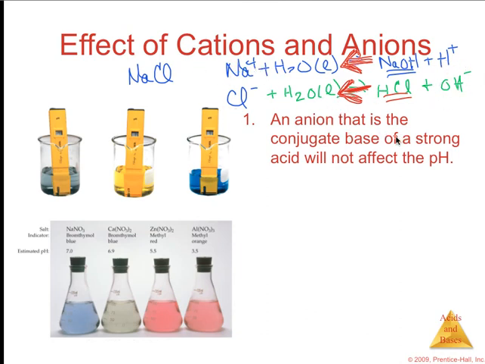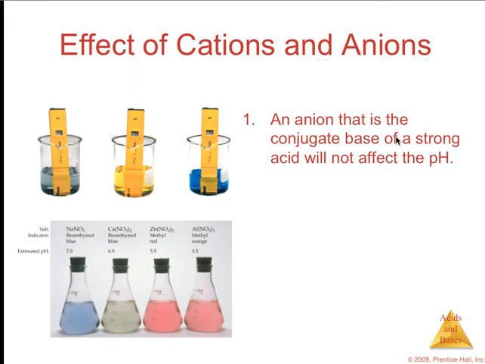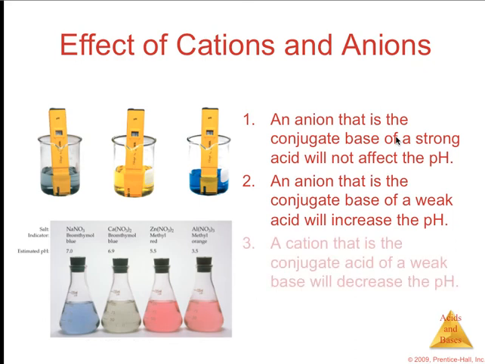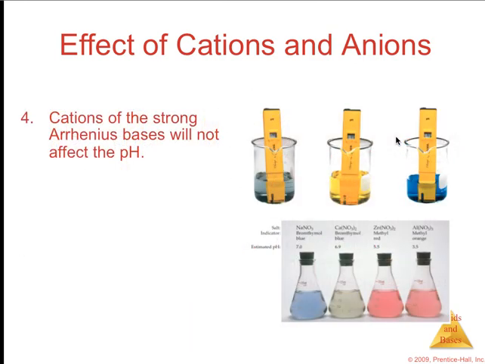So the anion that is the conjugate base of a weak acid will increase the pH. Cation that is the conjugate acid of a weak base will decrease the pH. Cations of strong Arrhenius bases will not affect the pH. Other metal ions will cause a decrease in pH.